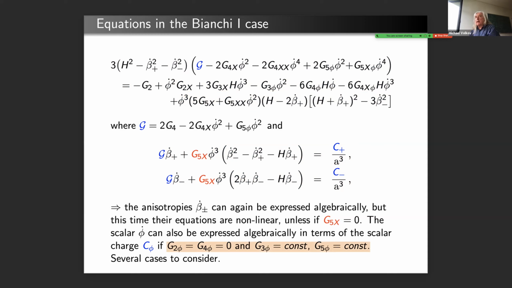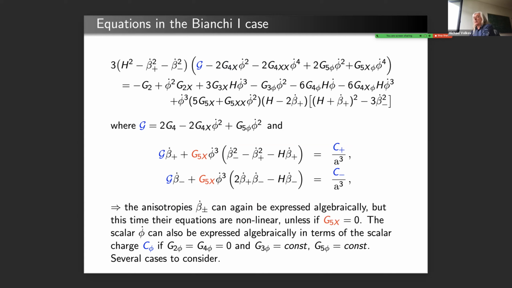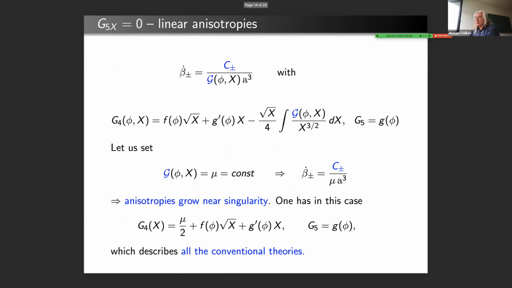Now, if we do, then the natural question is, what happens with the anisotropy damping? Are they damped or not? And then one has to consider several cases, and then the two major cases. The basic difference is whether this coefficient vanishes or not. So first, if it vanishes, then the anisotropy equations are linear in the anisotropies.